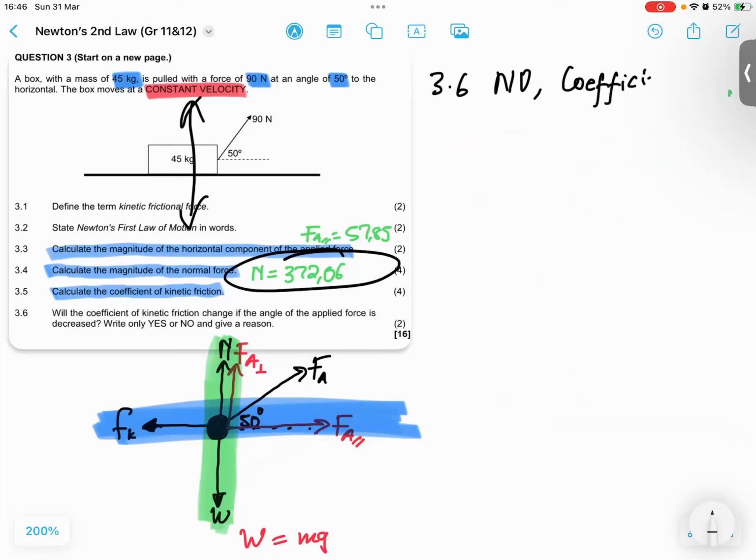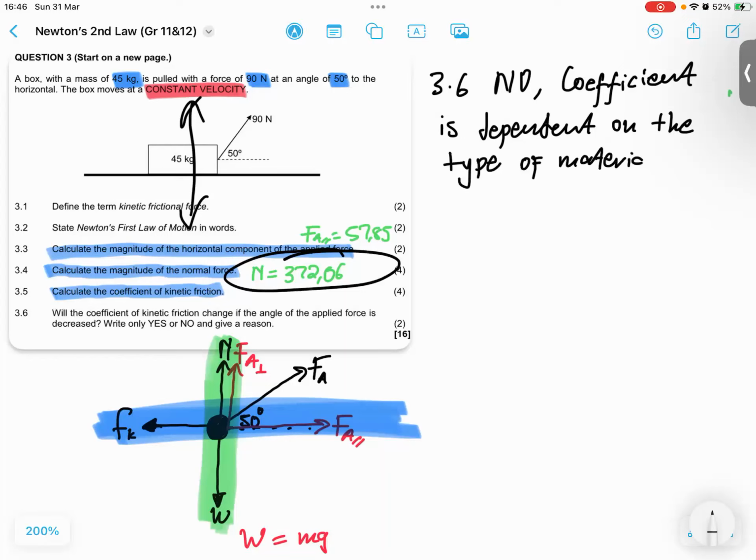coefficient of kinetic friction or coefficient of friction, is dependent on the type of material of the surface and the object itself.